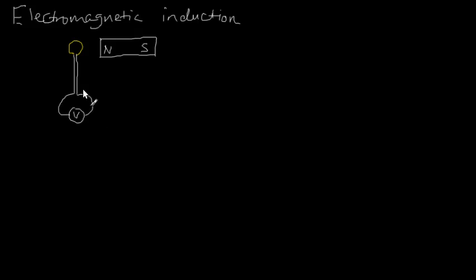Okay, so let's suppose that I want to do some experiment on here. Now, there would be a magnetic field coming out from the magnet and going through this loop. So let's say, just imagine drawing some field lines going through this loop.